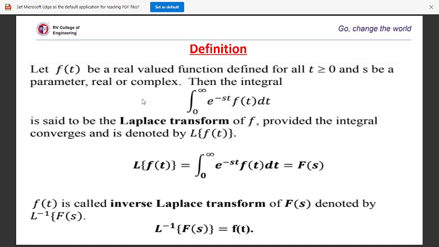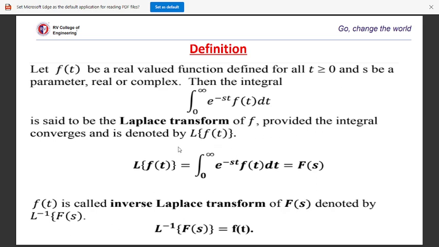If we consider any real valued function f of t for all time t greater than or equal to 0, and the parameter s, either real or complex, then the integral between the limits 0 to infinity of e power minus st f of t dt is called the Laplace transform of the function f of t, provided the integral exists.